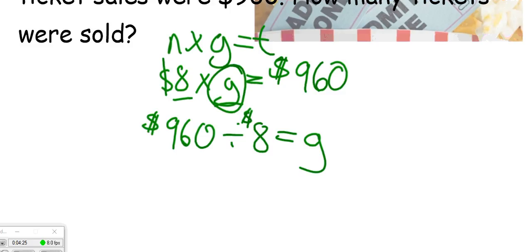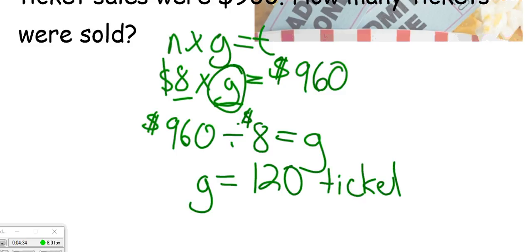Now that we understand the problem, we can throw those numbers in there and solve. Once again, I didn't show you the work, just to try and keep these videos a little bit shorter. I hope you understand that you're going to take 960 and divide by 8 to get an answer of 120. And so you're doing those steps to solve.